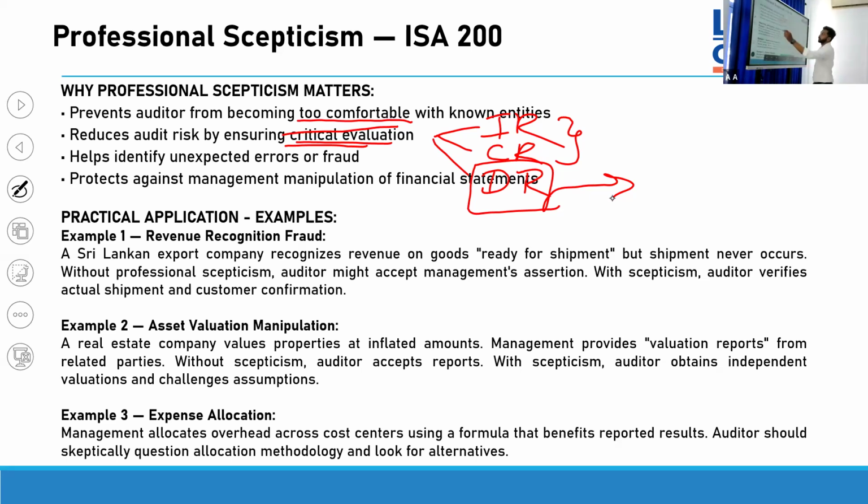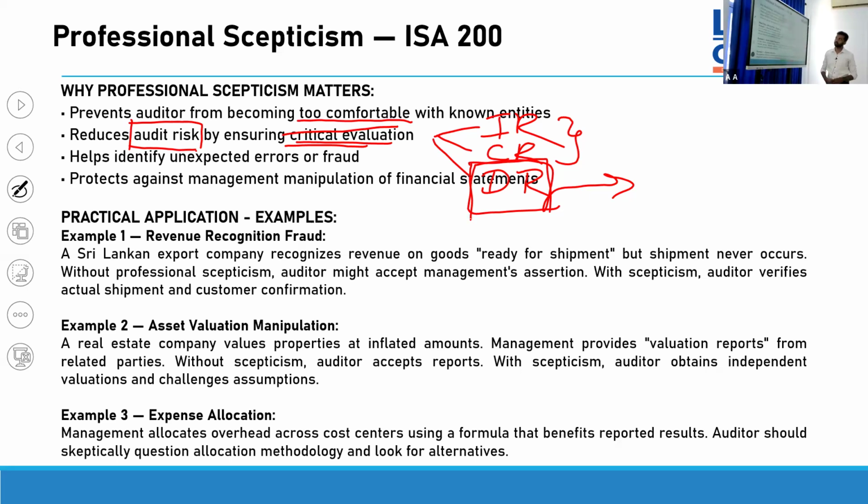In the next chapter, we will discuss audit risk and these three types of risk separately. For the time being, keep in mind that detection risk is the responsibility of the auditor. In order to reduce that detection risk, auditors must apply professional skepticism.